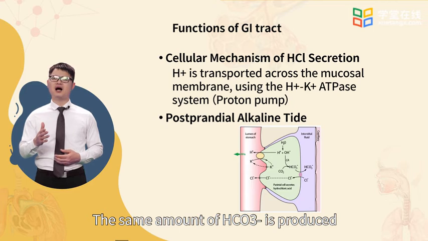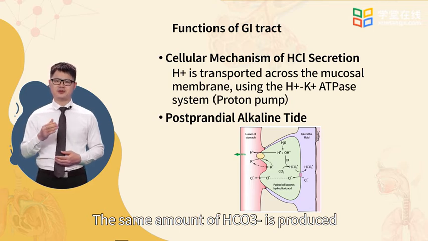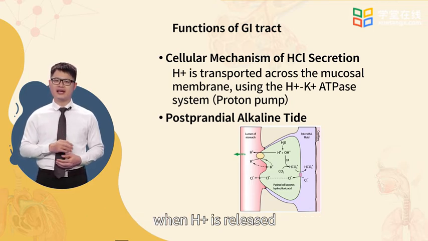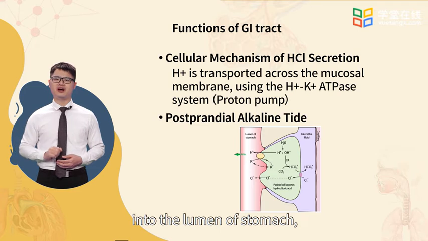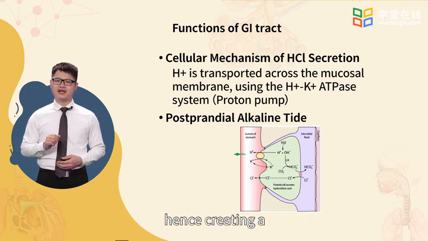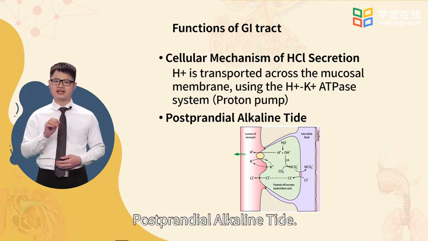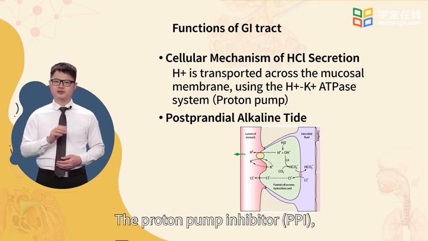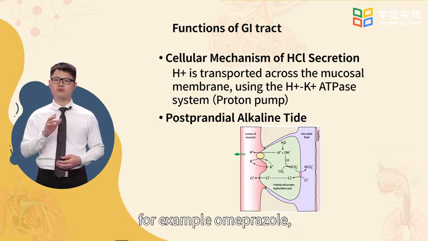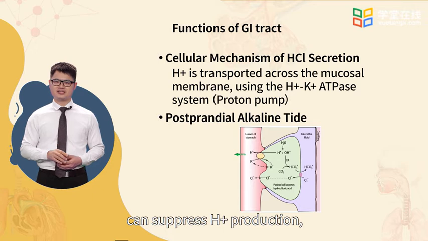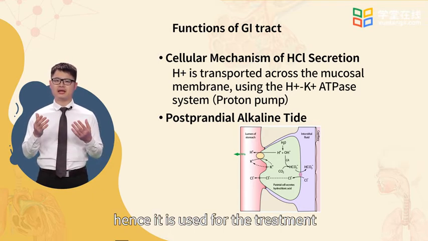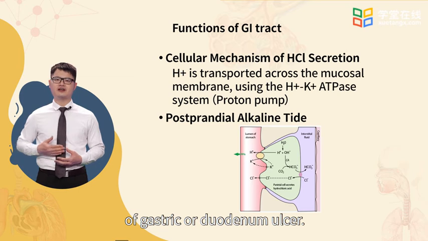The same amount of bicarbonate is produced when hydrogen ion is released into the lumen of the stomach, hence creating a postprandial alkaline tide. The proton pump inhibitor, the PPI, for example, omeprazole, can suppress hydrogen ion production, hence it is used for the treatment of gastric or duodenal ulcer.